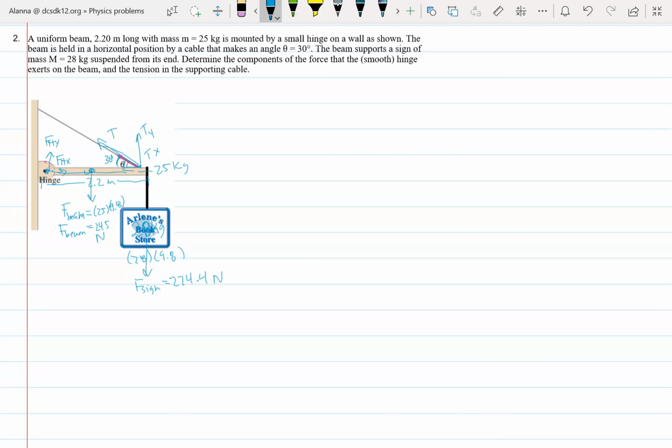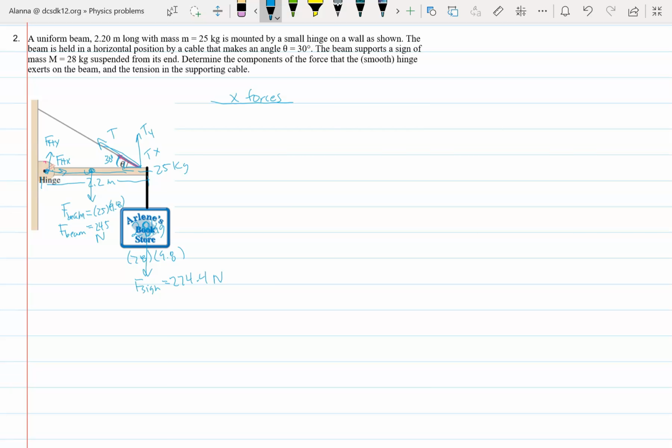So we need to look at three different things here, essentially. We need to look at the forces in the x direction, we need to look at the forces in the y direction, and we need to look at the torque. So I like to make a little chart so I can organize all of my information. So for my x forces, the only forces I have in the x direction are the force from the hinge in the x direction and the tension in the x direction.